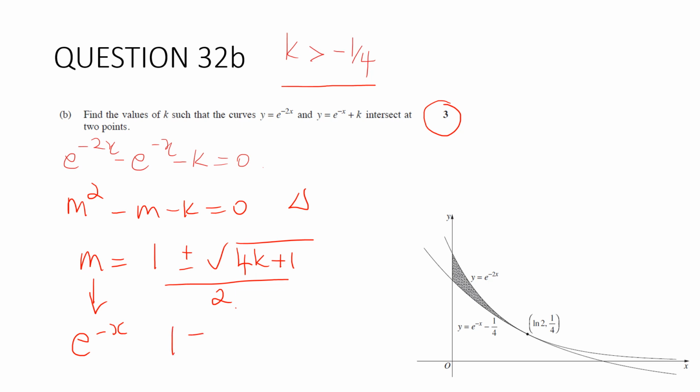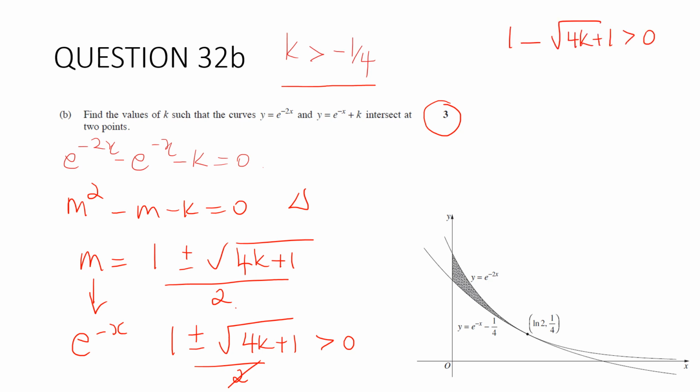1 plus or minus the square root of 4k plus 1, all over 2, has to be greater than 0. And I can get rid of that too, can't I? Now, I'm not going to consider 1 plus the square root of 4k plus 1 because that is obviously positive. I'm going to solve 1 minus the square root of 4k plus 1 greater than 0, which is 1 is greater than the square root of 4k plus 1.